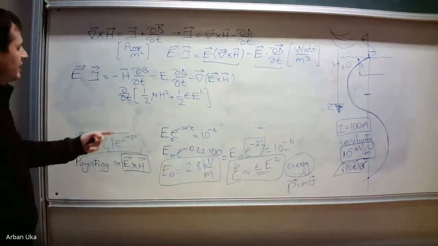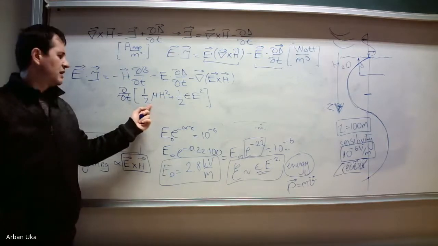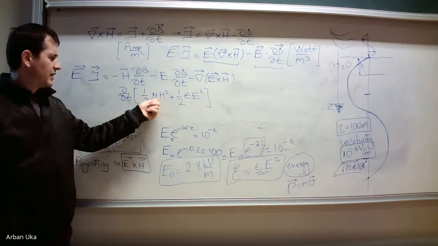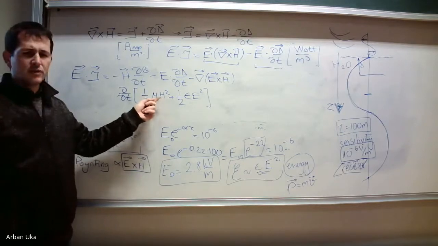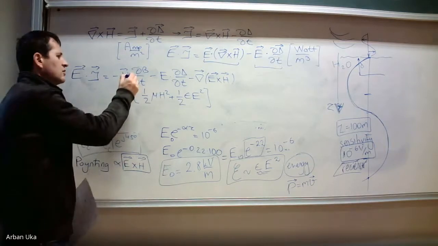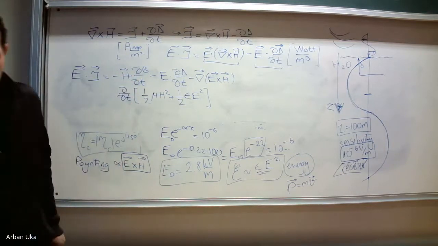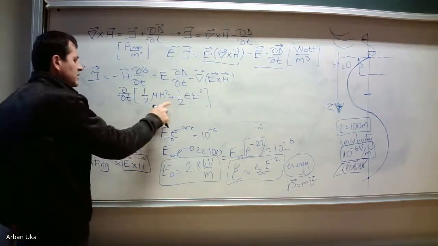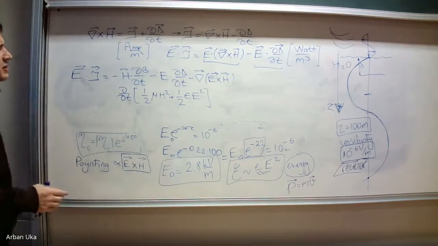So this is the energy density in an electromagnetic wave. Whenever we take the dot product of H with itself, in principle, this is energy density in a space.